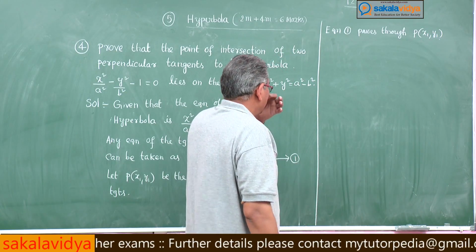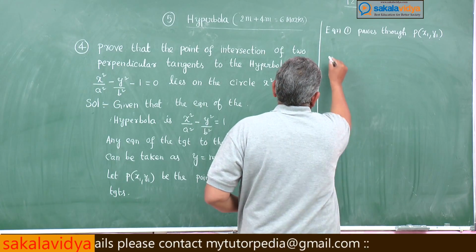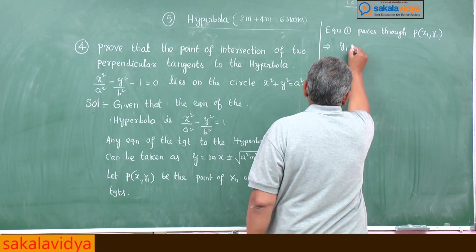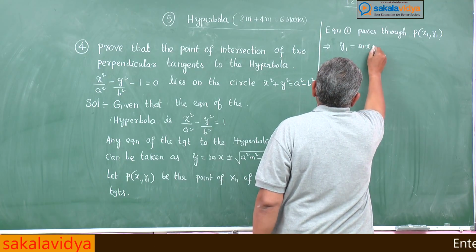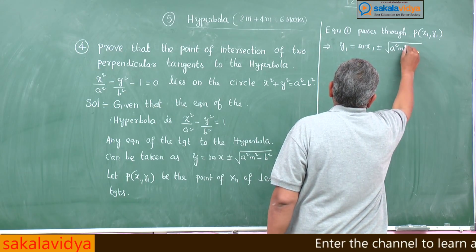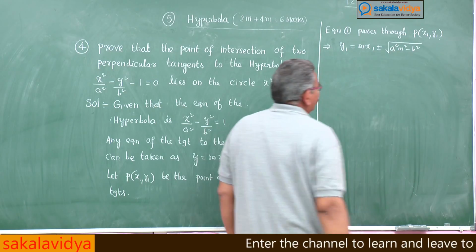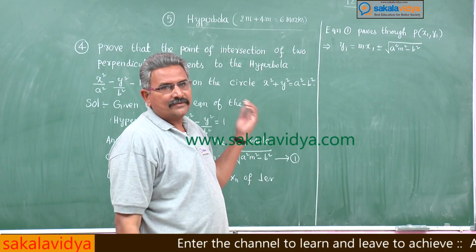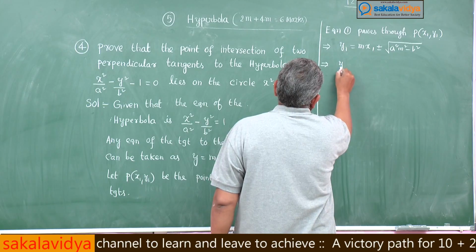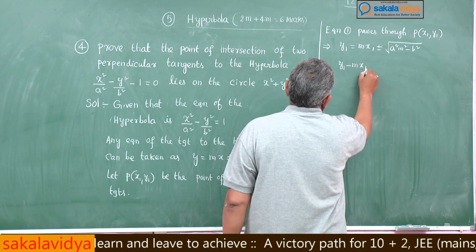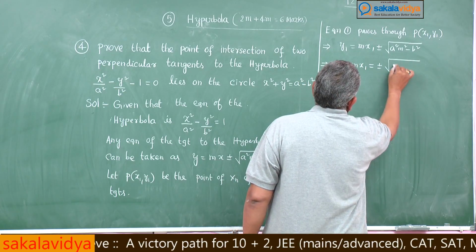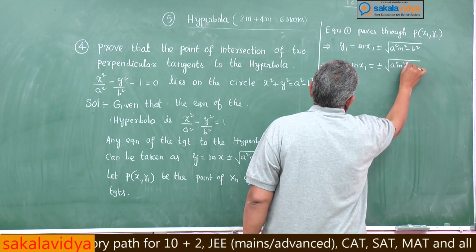That means equation 1 is satisfied by x1 comma y1: y1 is equal to mx1 plus or minus root of a square m square minus b square. Bring mx1 this side. So, y1 minus mx1 is equal to plus or minus root of a square m square minus b square.